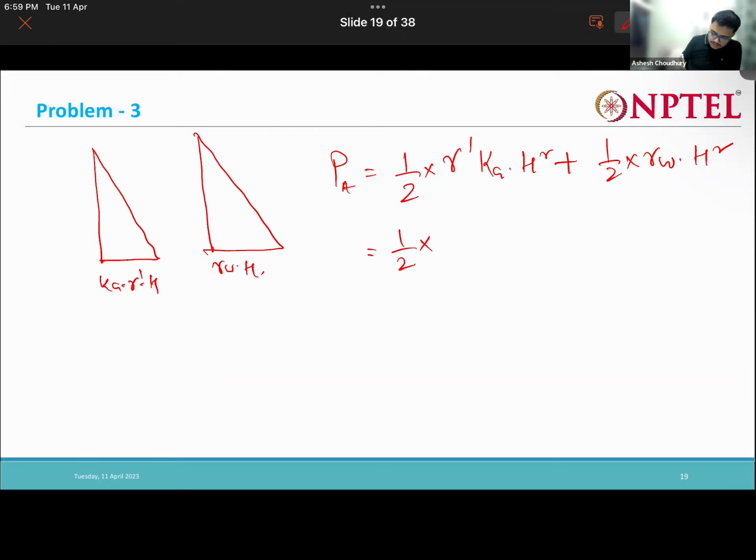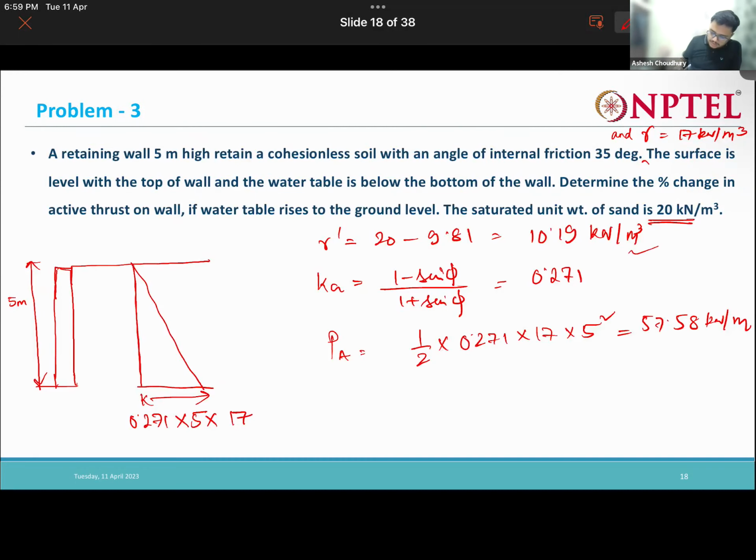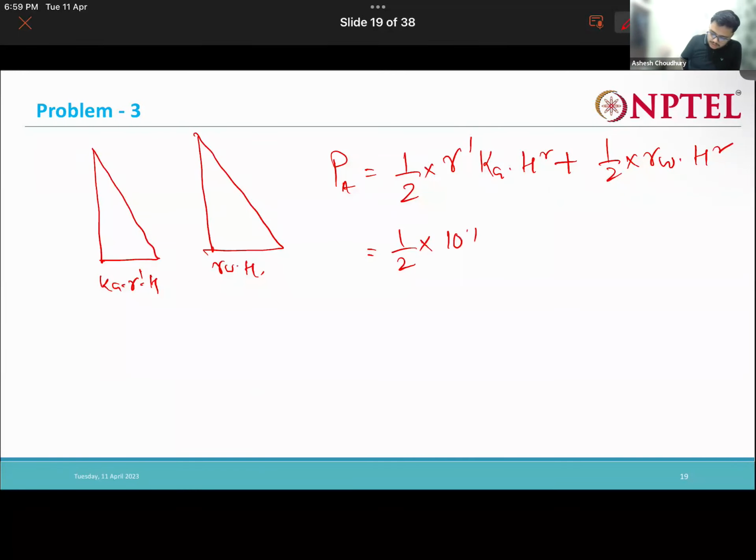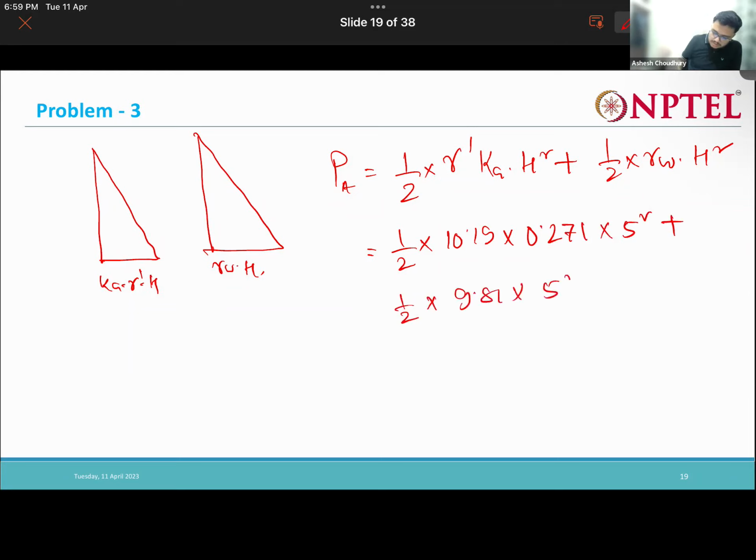So half into gamma submerged, which is 10.19, into 0.271 into 5 squared, plus half into 9.81 into 5 squared.